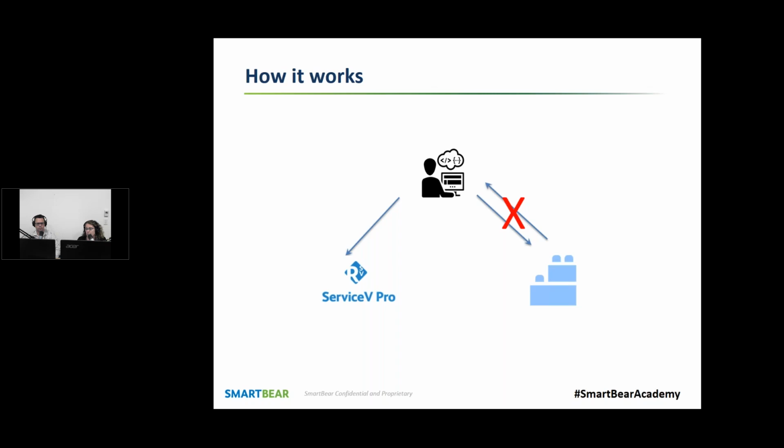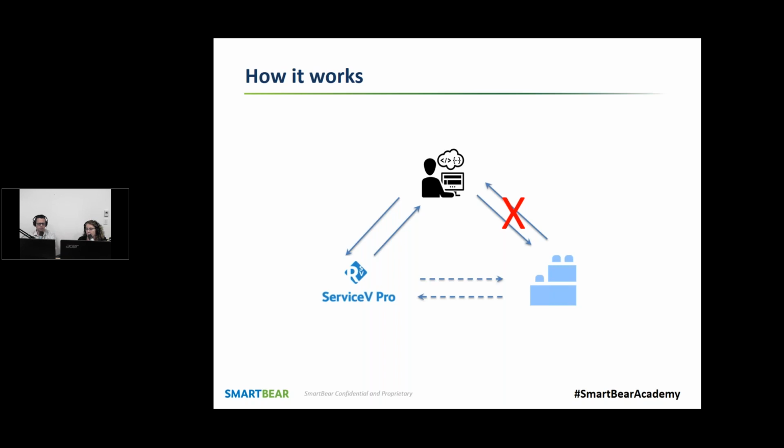So what you do is you would create a connection through ServiceV to the real API, and you'd go ahead and get a recording of that API. This is one of the ways you can do it. We're going to show you a couple of different ways. You get recordings of the interactions, and they would be captured in ServiceV. So you're creating a virtualized instance of that service, and now you no longer connect up to the real API.